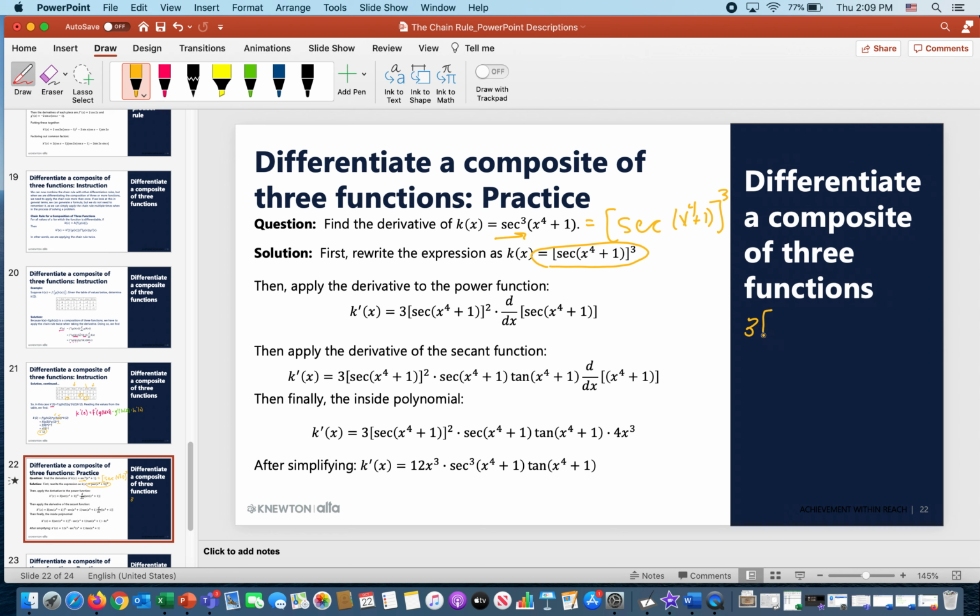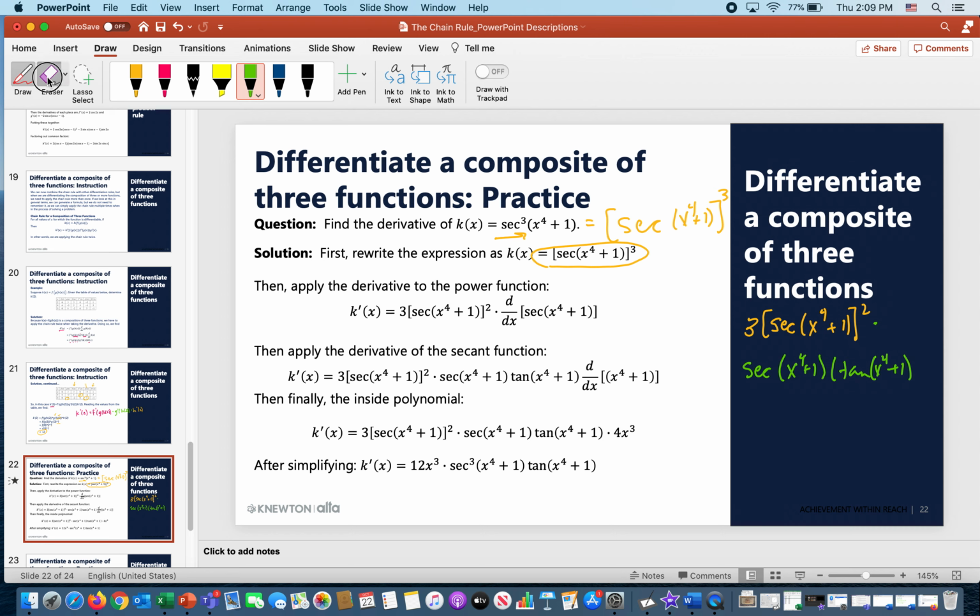So it's 3 times secant of x to the fourth plus 1 squared, right? But I've got to multiply that by the derivative of secant, which is secant of x to the fourth plus 1 tangent of x to the fourth plus 1.